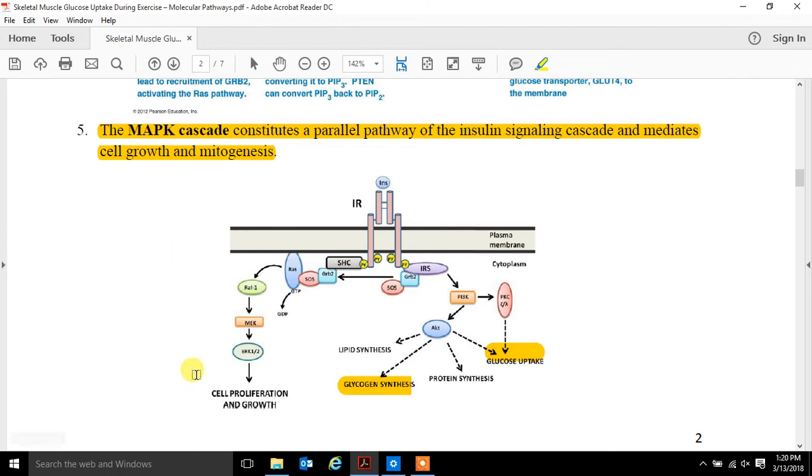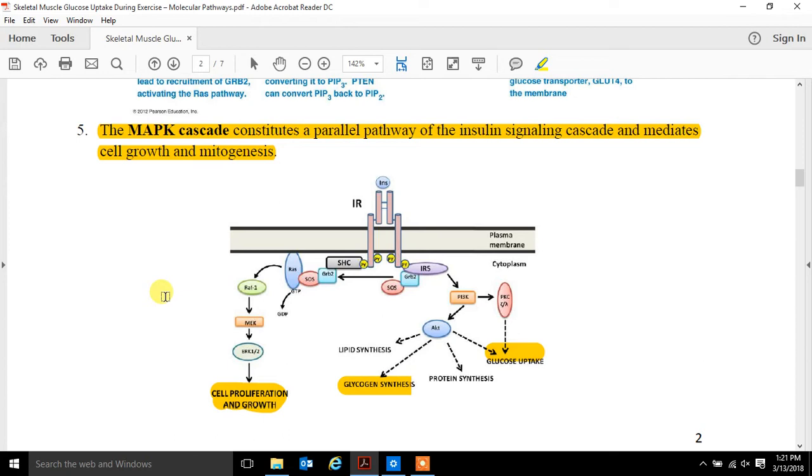Over here, this is the MAP kinase pathway. So insulin receptor, phosphorylation, RAF1, MEK, ERK1. This is our MAP kinase. It all starts with this insulin receptor, but it has a different outcome, turning on things associated with cell proliferation and cell growth.